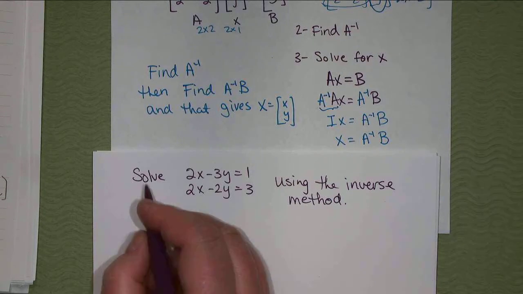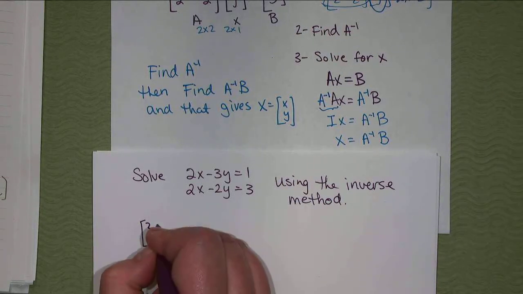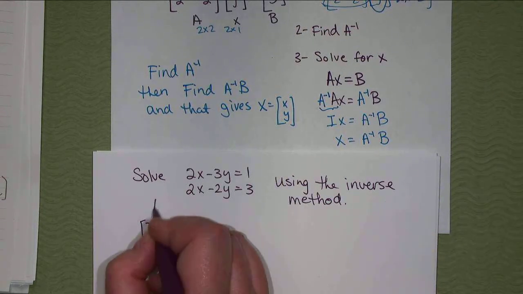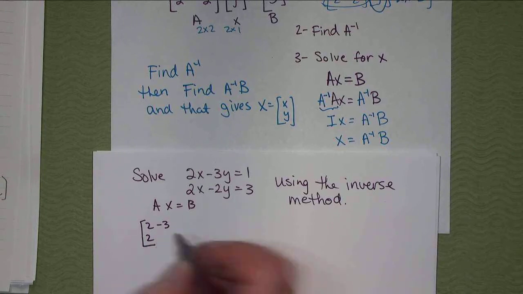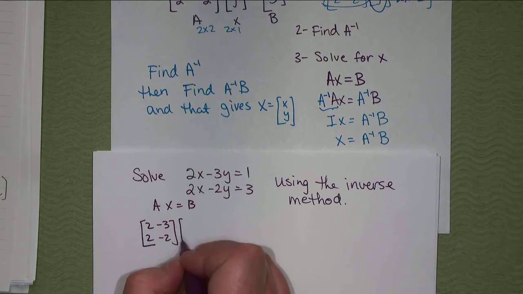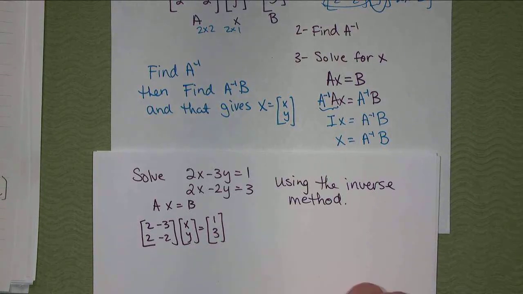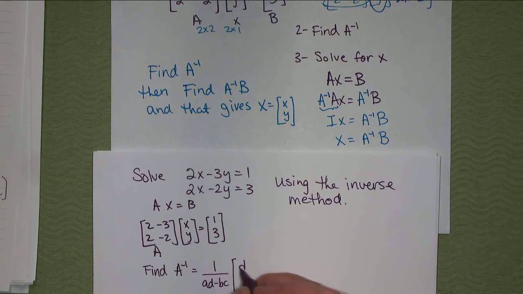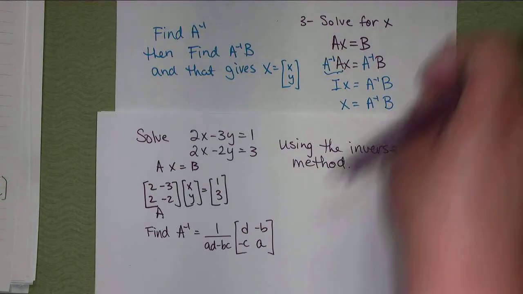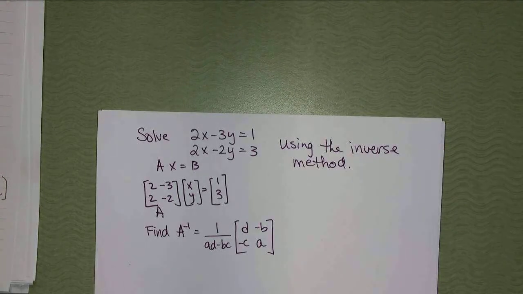So, write down the system in AX equals B form. So, putting it into a matrix. This would be A. So, we're going to find A inverse. That's our formula.